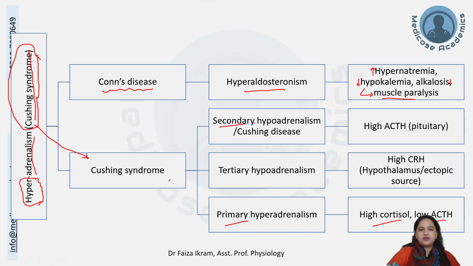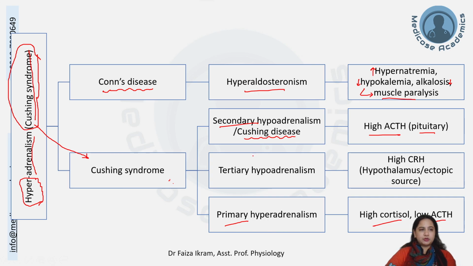Next comes the secondary hyperadrenalism, in which the high cortisol is caused by the high ACTH produced from the pituitary gland, and this is also known as Cushing disease. It just has a historical significance rather than a functional difference.